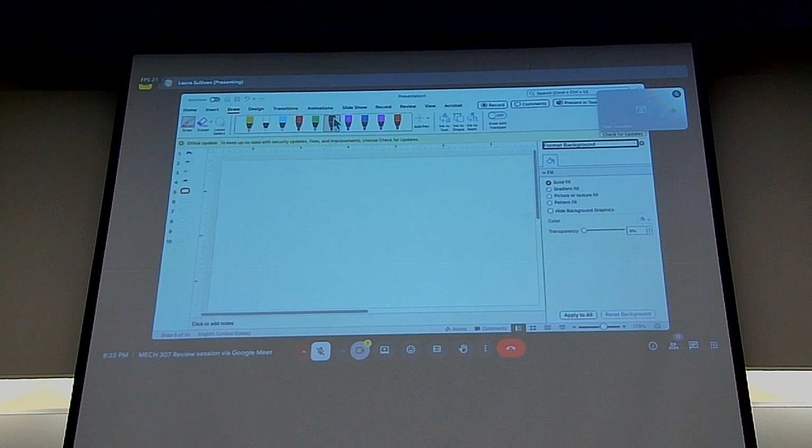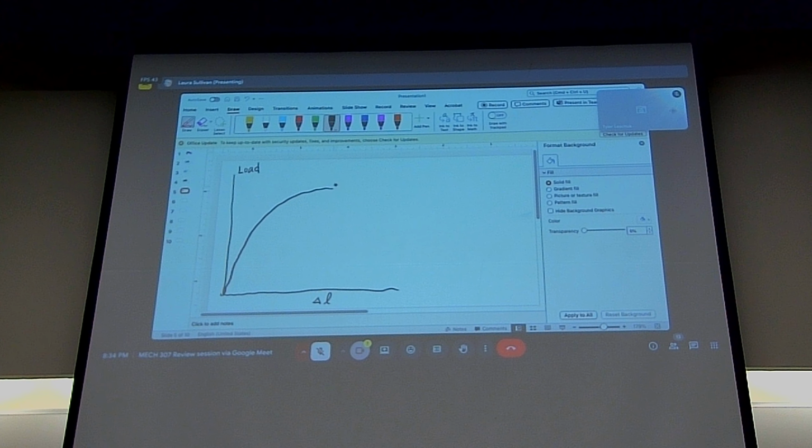And so the alternative here is if you have a load extension curve, I know that the highest point for load, I can see that on the graph.